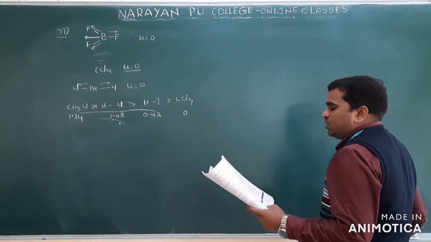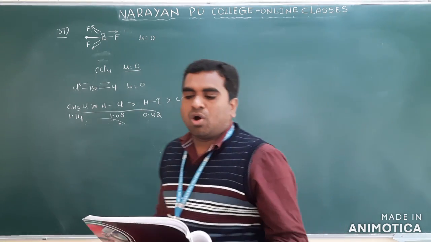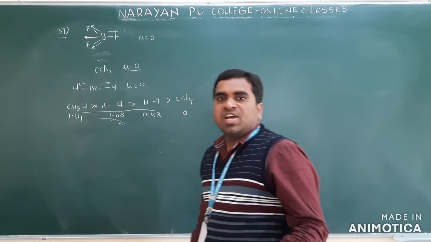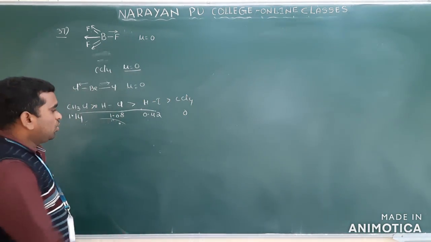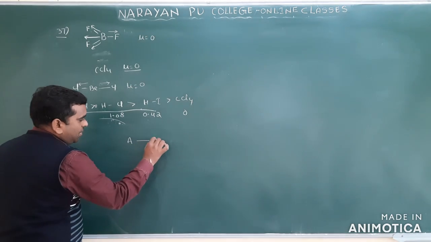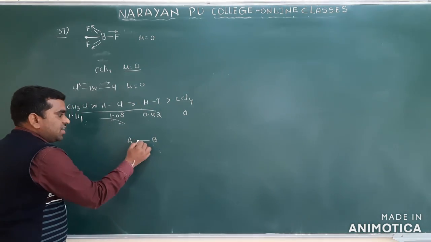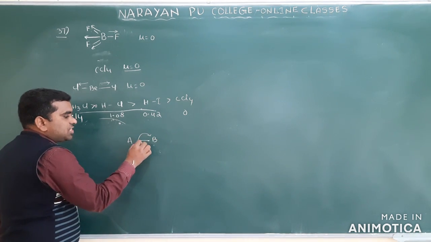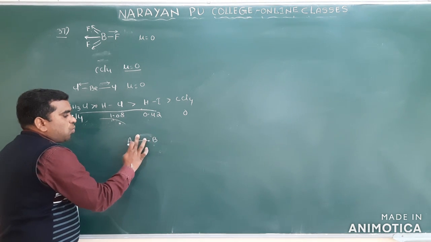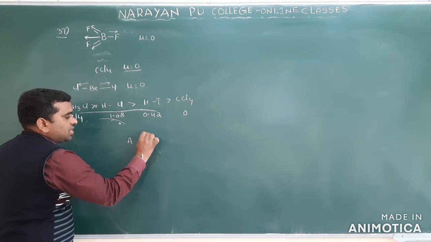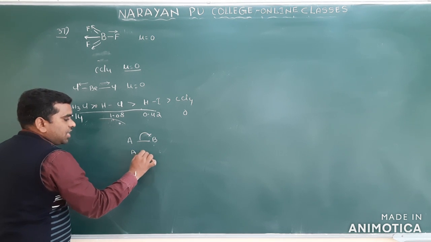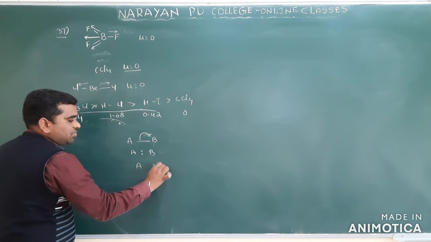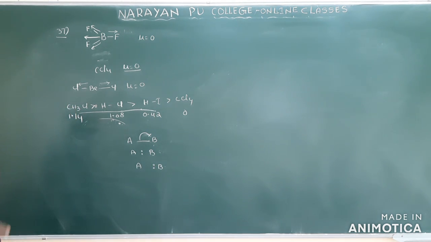And question 39: the unequal sharing of bond pair of electrons between two atoms. Suppose A is there and B is there. Equal sharing means the electron pair will be in the middle. Unequal sharing means it will be toward the more electronegative atom.